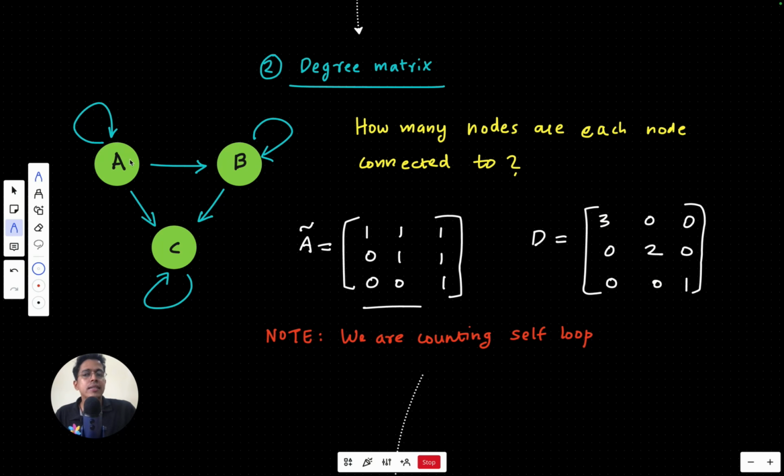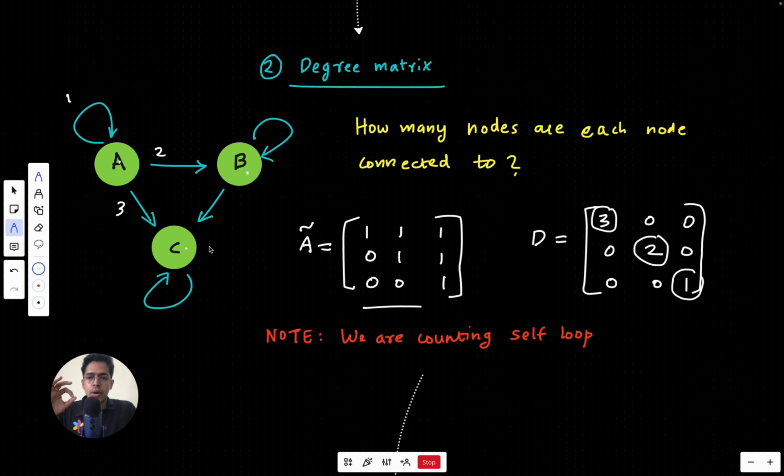So how many connections are going from A? There is one connection going from A to A, so this is the first connection. There is one connection going from A to B, second one, and one connection from A to C, third one. So the degree matrix will be a diagonal matrix because we are only denoting the connections going from A, connections going from B, and connections going from C. This is corresponding to connections going from A, this is going from B, and this is going from C. So C is not citing any papers.